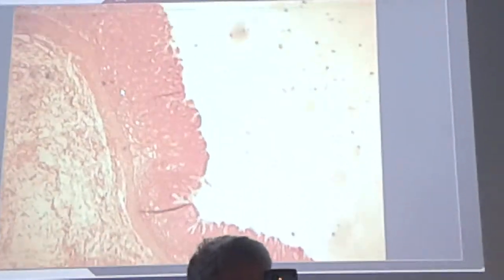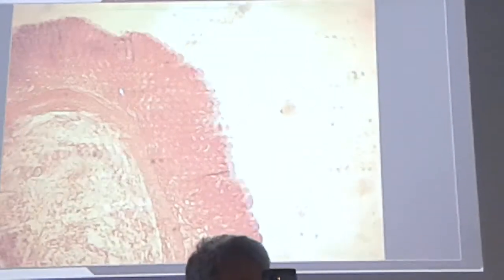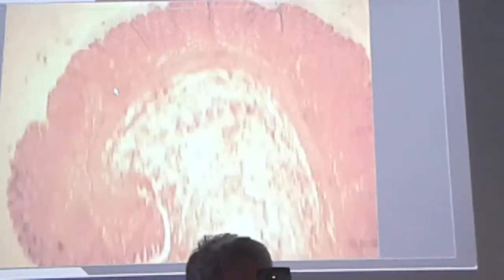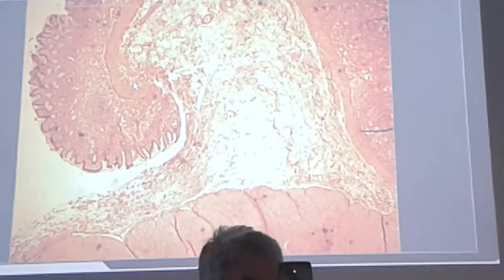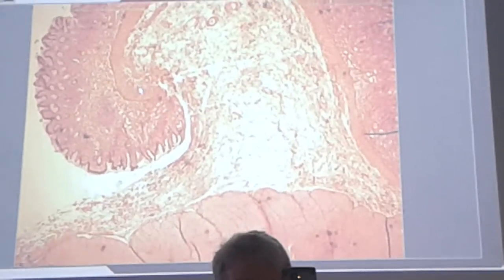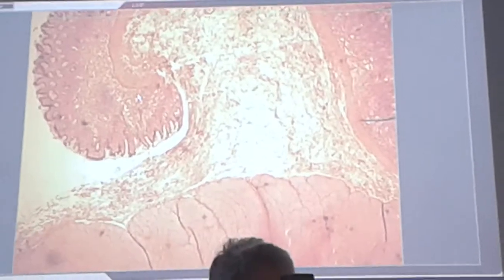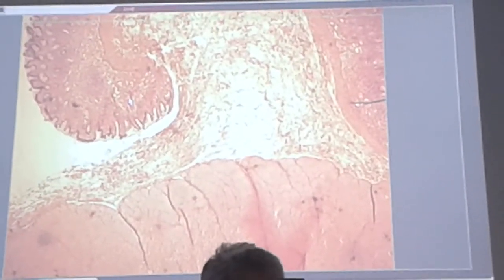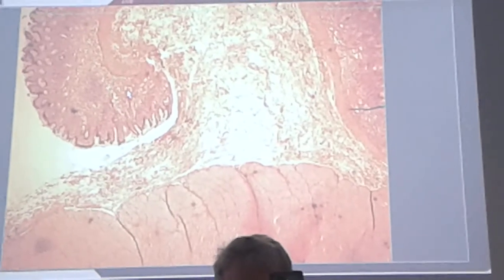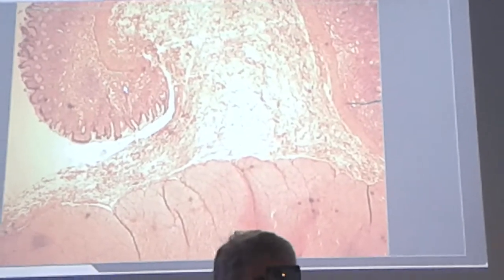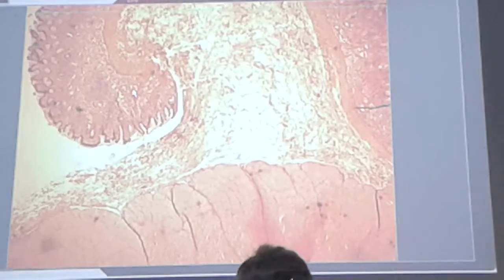And then still about the pyloric section, there would probably be a duodenum or intestinal junction over here, but our section was just cut through the stomach portion, so we do not observe any duodenum or intestinal portions.